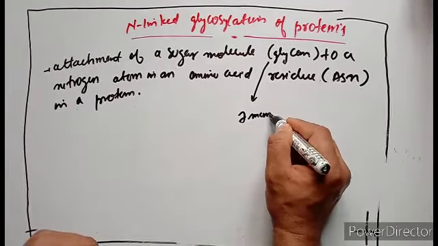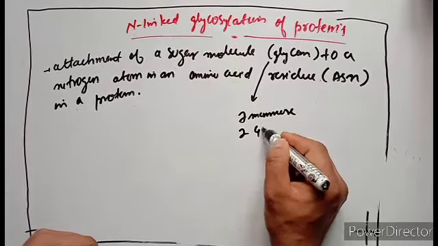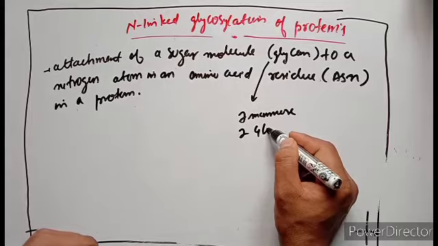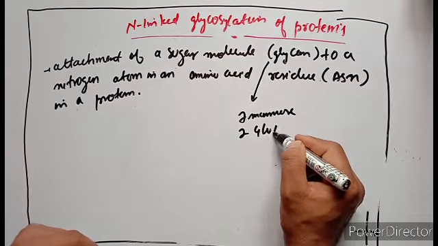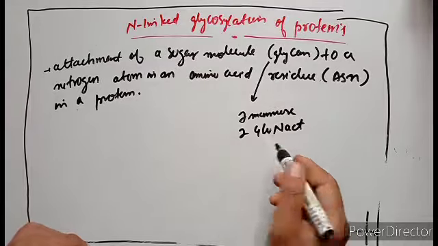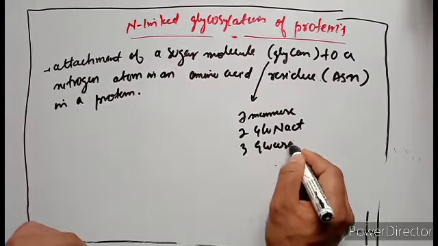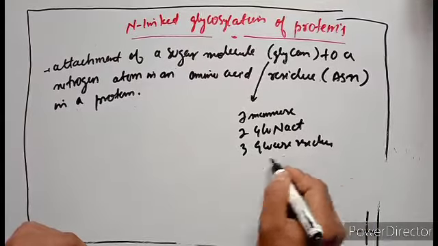mannose residue, then 2 glucose amine or galactose amine, N-acetyl glucose amine or galactose amine, and 3 glucose residue.